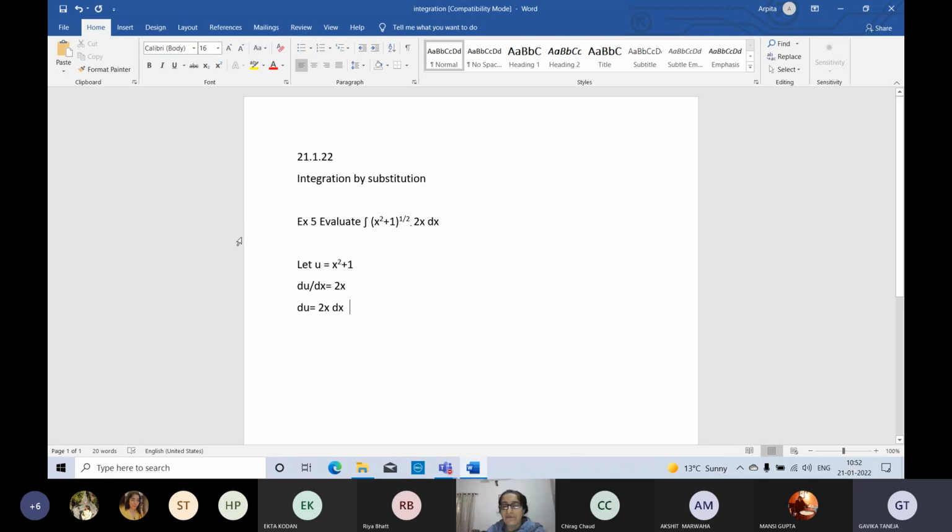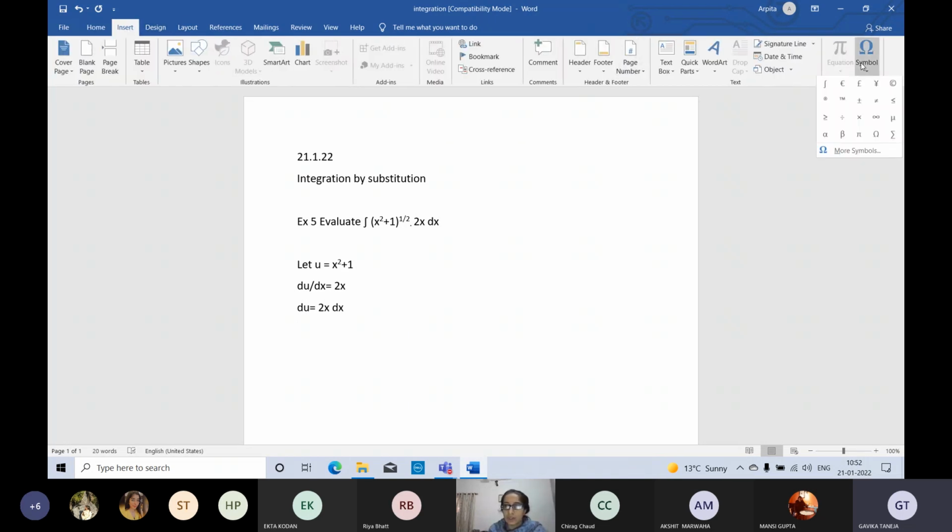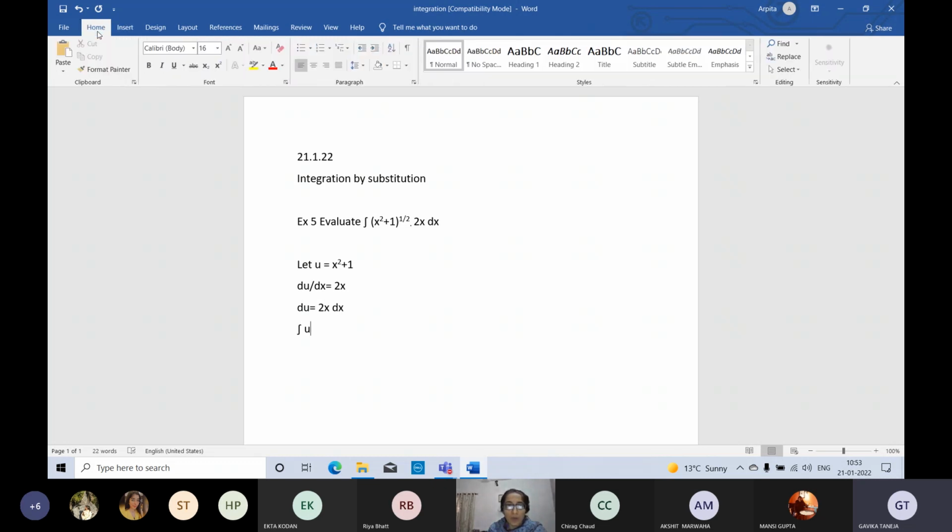So see how I have made this an easy problem now. All I have to do is replace. I'll show you. I'm going to again have the integration sign, and x square plus 1 I have put equal to u, so this is u raised to the power 1 by 2.